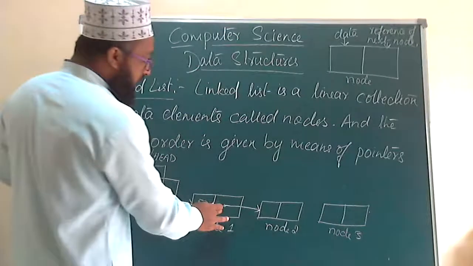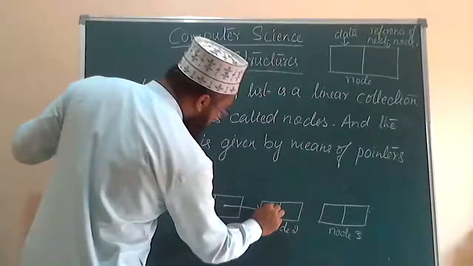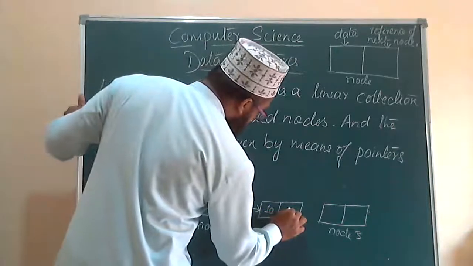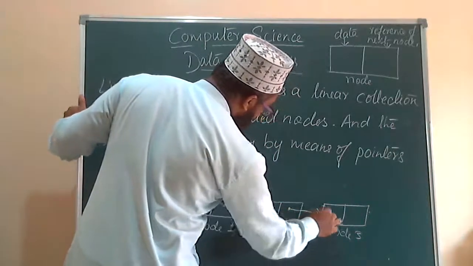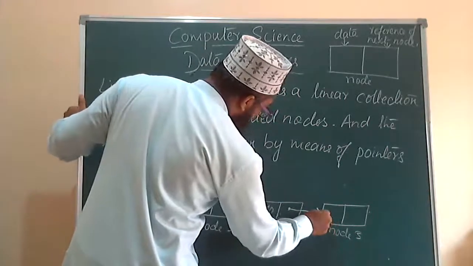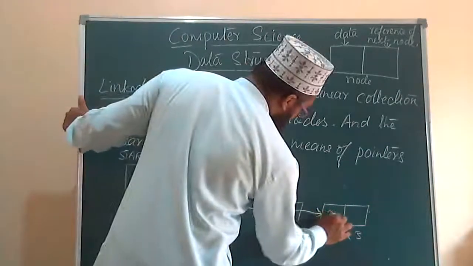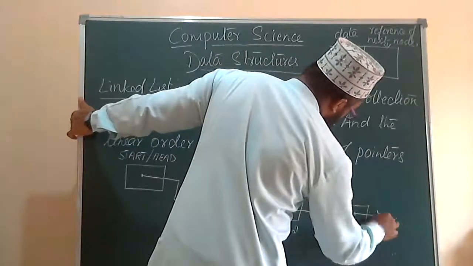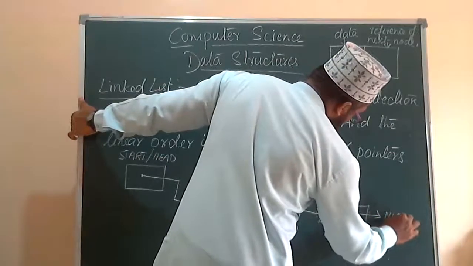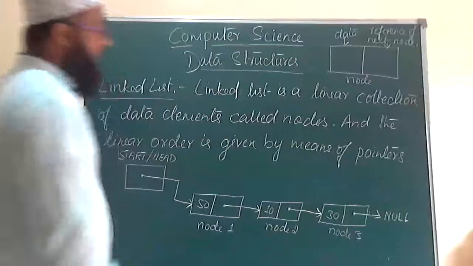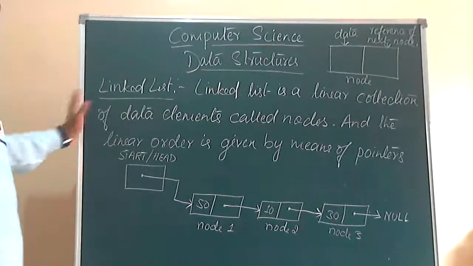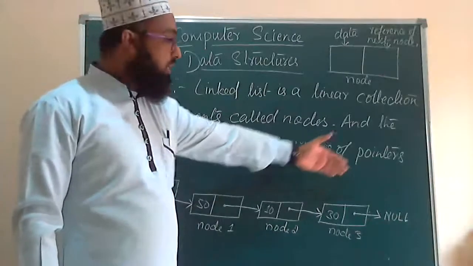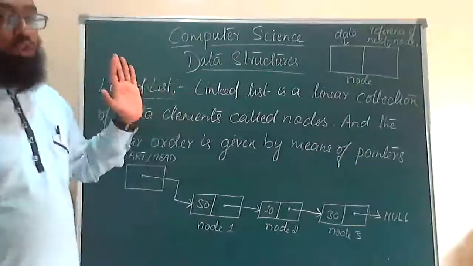This node has its own data, and the next field contains the address of the next node. Then this data field also contains some data. Finally, the end of the list will be null, because at the last node there is no next node, so that pointer shows null.